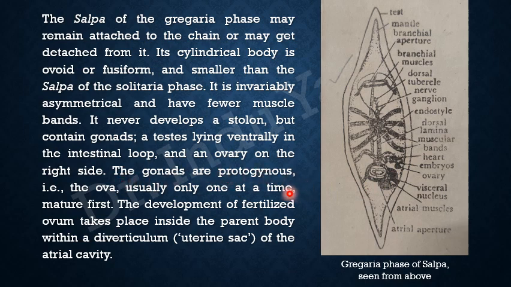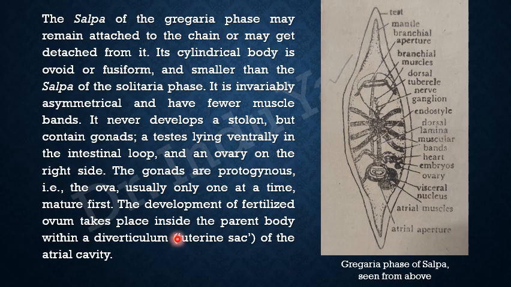The gonads are protogynous, that is, the ova, usually only one at a time, mature first. The development of the fertilized ovum takes place inside the parent body within a diverticulum.